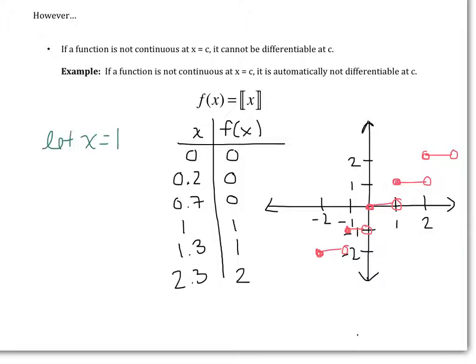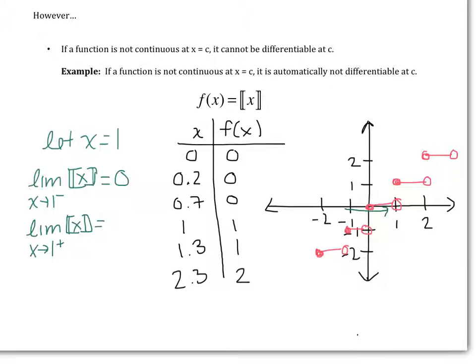If I look at the limit as x approaches 1 from the left, I end up with 0 as my limit, right? As I'm coming in from the right, my limit is 1.